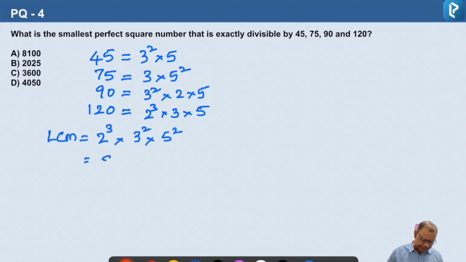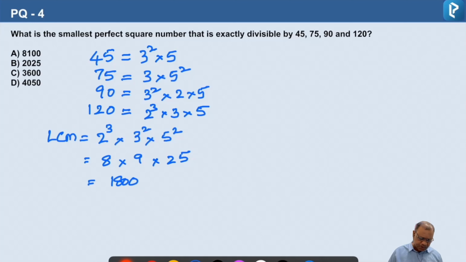So this is 8, 9 and 25. So 25 8's 200. 200 into 9 is 1800. So 1800 is LCM of all these numbers.